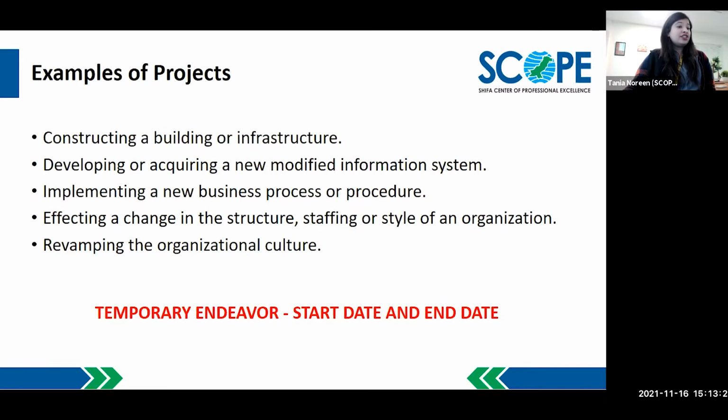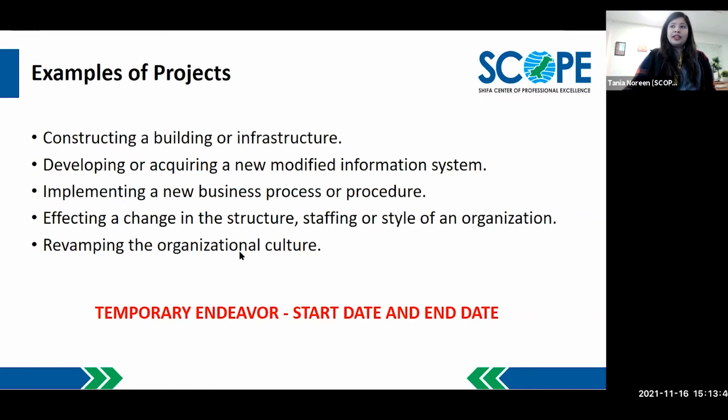Affecting a change in the structure, staffing, or style of an organization is an example of a unique result, because the structure, staffing, or style of the organization already exists. We are bringing a change in that structure. That is the unique result which we want to achieve.